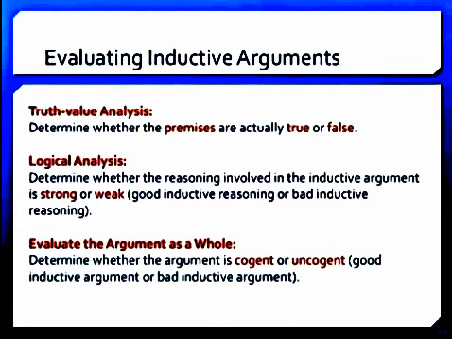You can have an uncogent argument, which is a bad inductive argument, by either having an inductive argument with at least one false premise but also strong reasoning, or you can have an inductive argument with all true premises but with weak reasoning, or you can have an inductive argument with at least one false premise and weak reasoning. In all three cases, you would have a bad inductive argument. So in all three cases, these would be uncogent arguments.